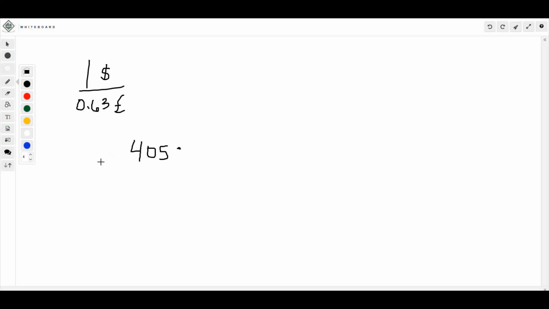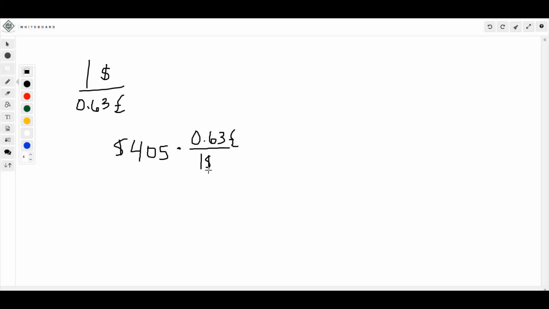Well, we are wanting pounds, so pounds are going to go on top. Oh, we need to put our dollar sign there too. Okay, that's how your problem is going to be set up.